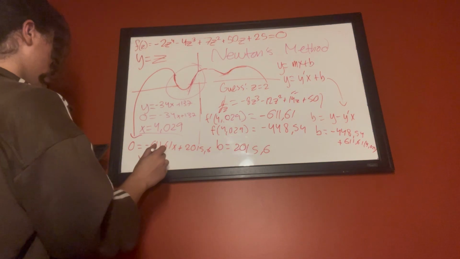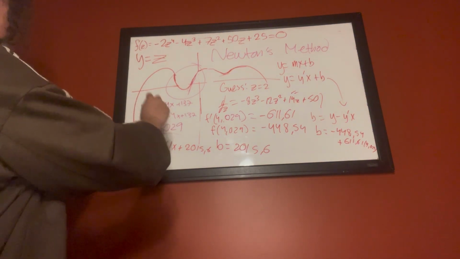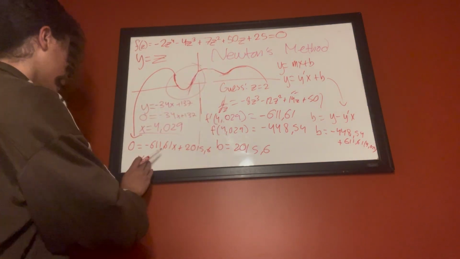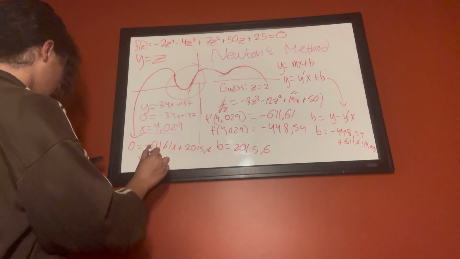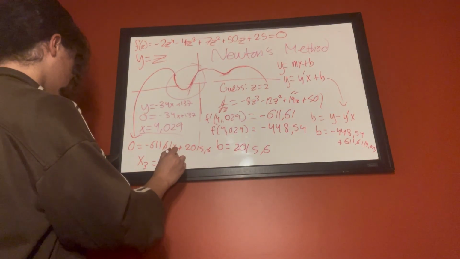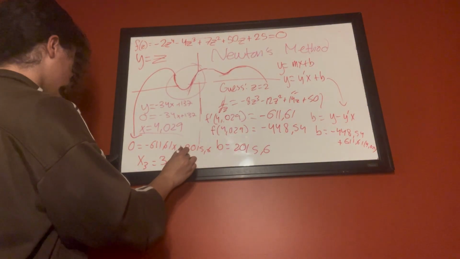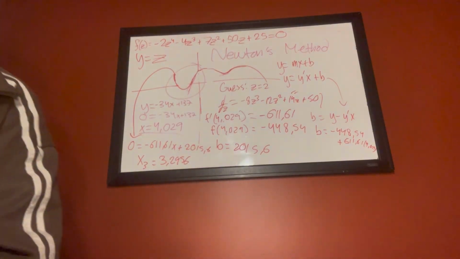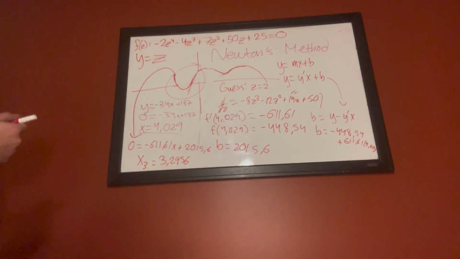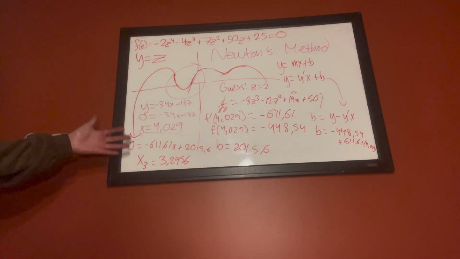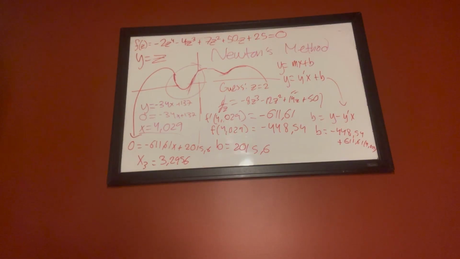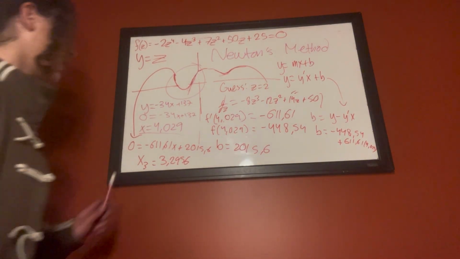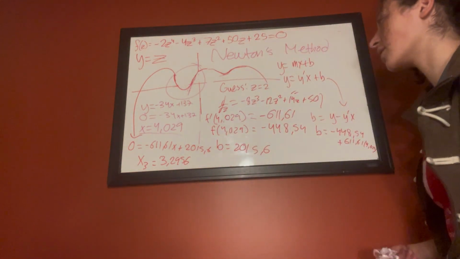So my x2, this is my x1. It gave me my x2, so my x3 is 3.2956. Okay. And now we're going to do it again, and we'll see if we start finding a pattern. I probably should not be erasing my previous values. Yeah, I'm going to keep them because I want to see when it starts converging.